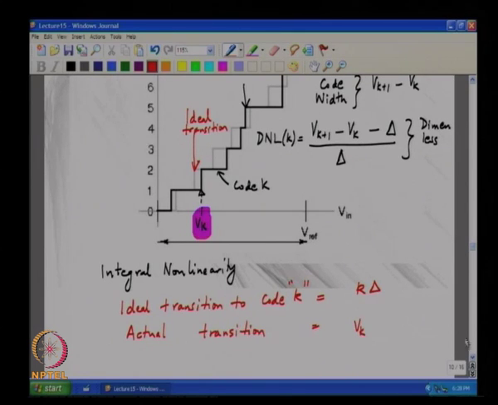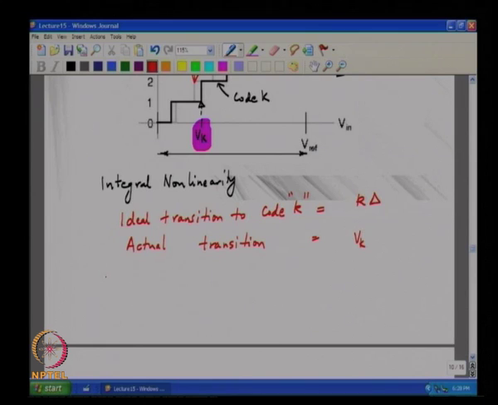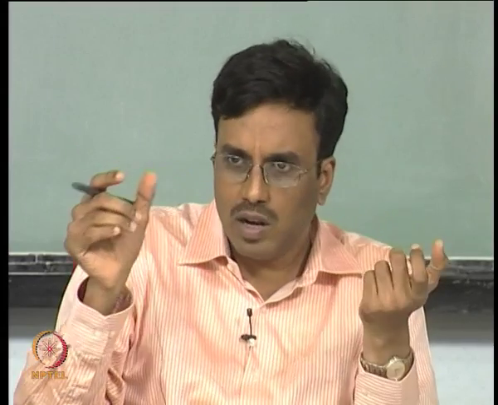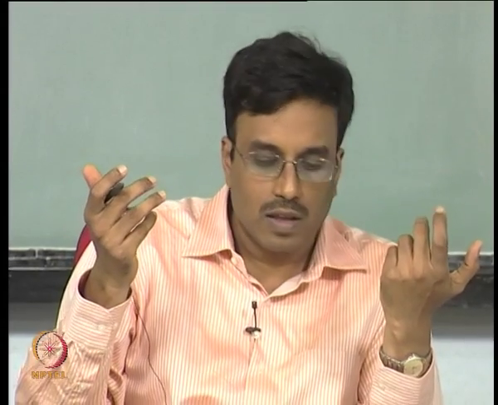All right. So, the difference, Vk minus the ideal transition, which is k times delta, is a measure of how much the curve deviates, I mean, if you kind of imagine the staircase as some curve which is now not really a straight line because the step sizes are all different, right.